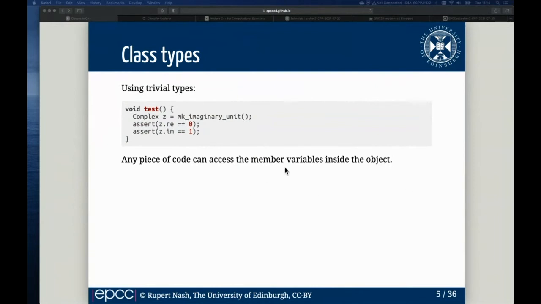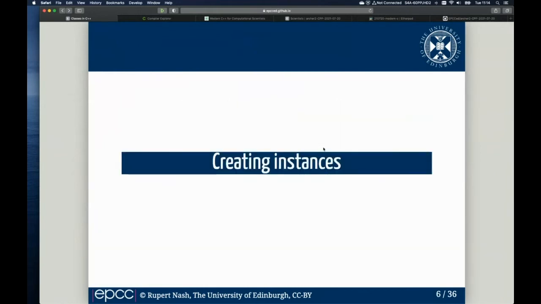This basic use of it should be something you're familiar with from other languages, whether that's C or Python with their attributes on a class. In this case, any piece of code can access the member variables inside the object. Okay, so that's one way to create one of these objects. Let's talk a bit more about other ways.